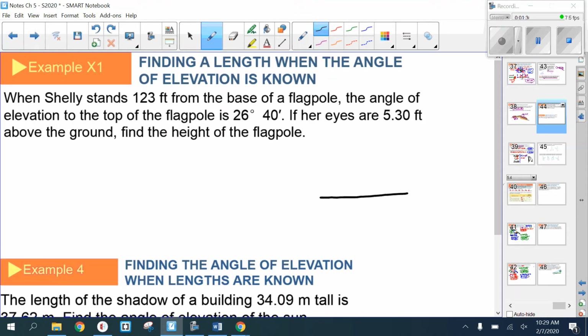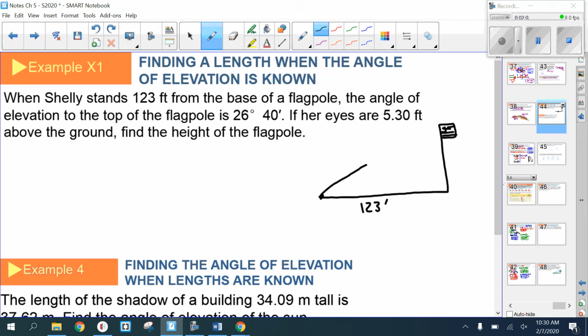Just know that. So let's say Shelley's standing right here, and she's 123 feet from the base of a flagpole. There's my flag. The angle of elevation to the top of the flagpole is 26 degrees 40 minutes.